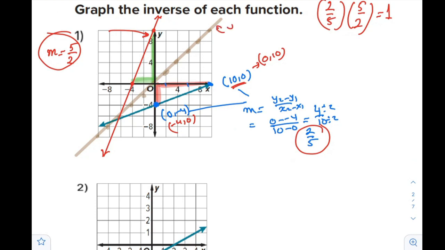It's a mirror image. So the inverse is the reflection of the line across y equals x, which is the identity. We can use these techniques to find the inverse of any shape across y equals x. Okay.